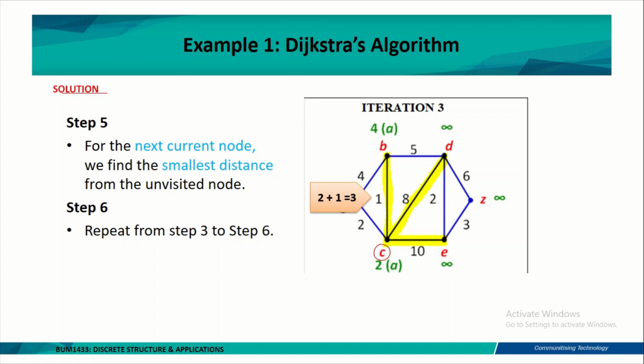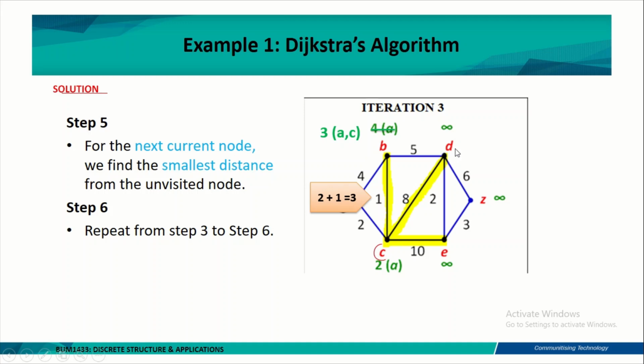So here we have 3AC. Since it is from the current node C to B, and C already has 2A, we bring it along. So we have 3AC. For C to D, the value is 8, so 8 plus 2 is equal to 10.